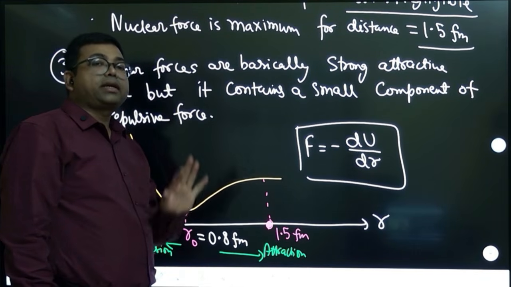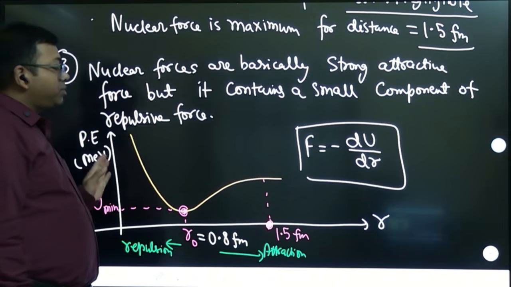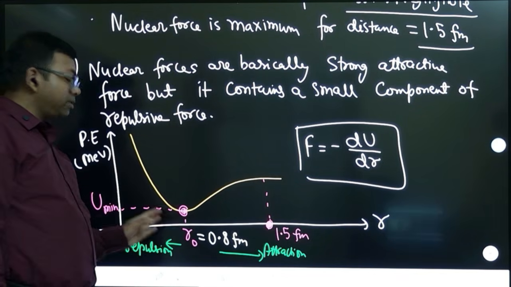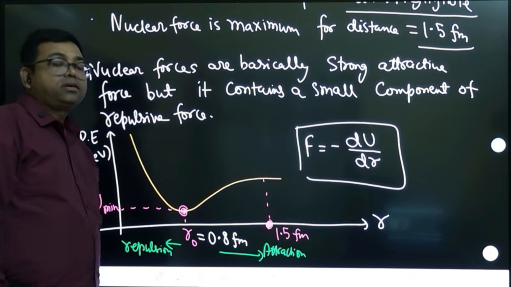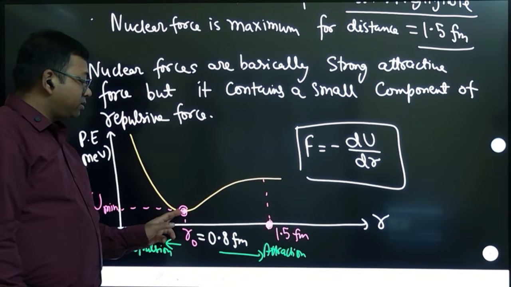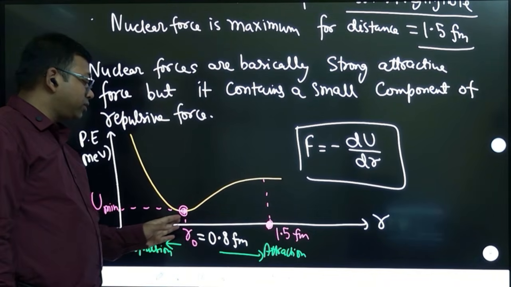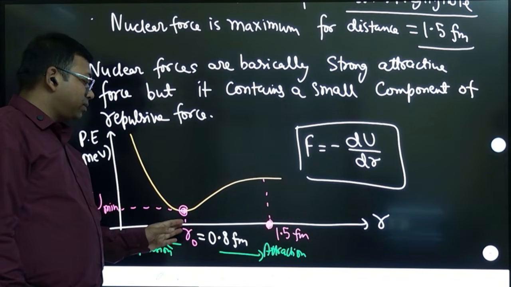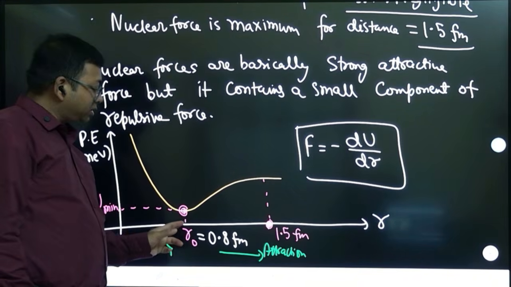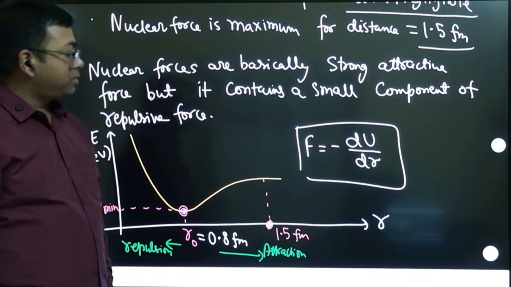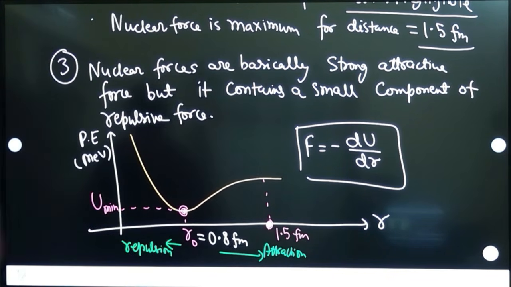Negative means attraction. This side the slope of the graph is negative, and negative into negative will become positive. So that's why repulsion is there on this side. And this is the point where force is zero. Total force or nuclear force is zero. So attractive nuclear force starts acting from 0.8 up to 1.5.